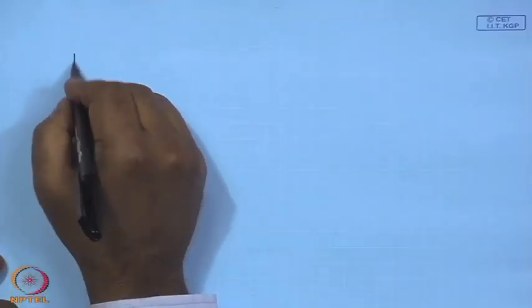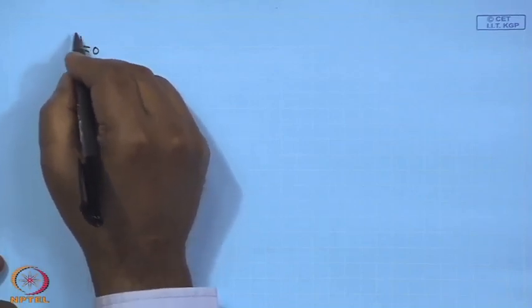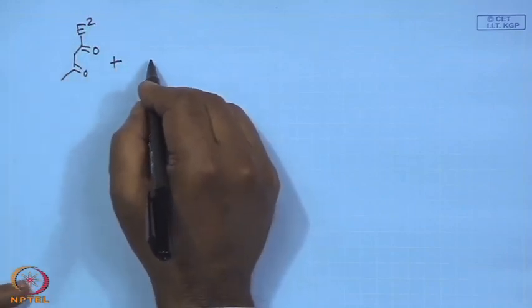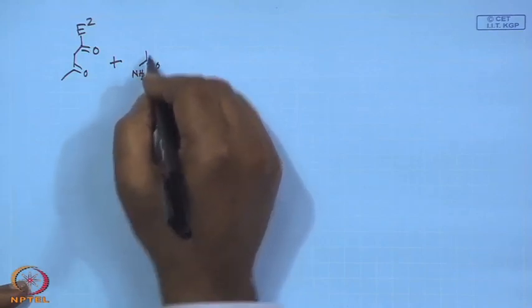Let us say with the same substrate, that means the 1,3-dicarbonyl here, and then you have this ester. Now, I change the enamine portion to a 3 component which will be looking like this.